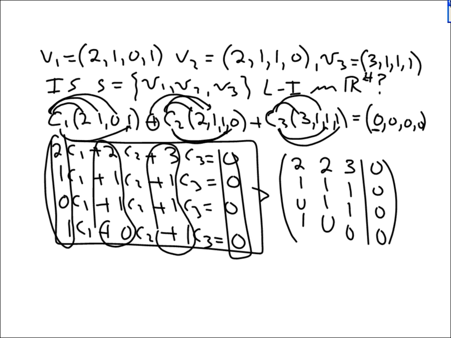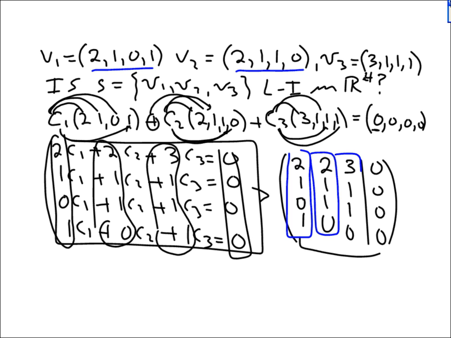Now, could we have gotten to this matrix a bit sooner? The answer is yes, absolutely. This was the first vector, 2, 1, 0, 1.